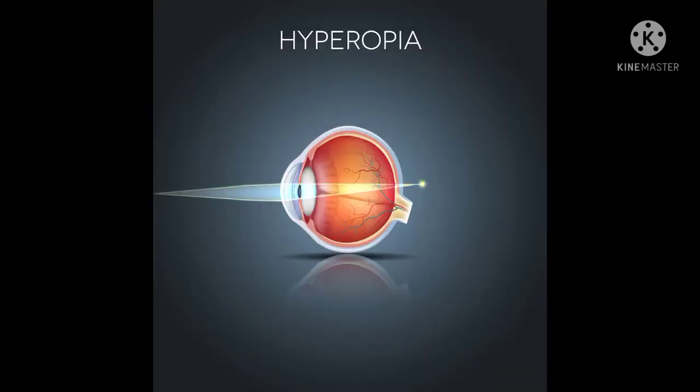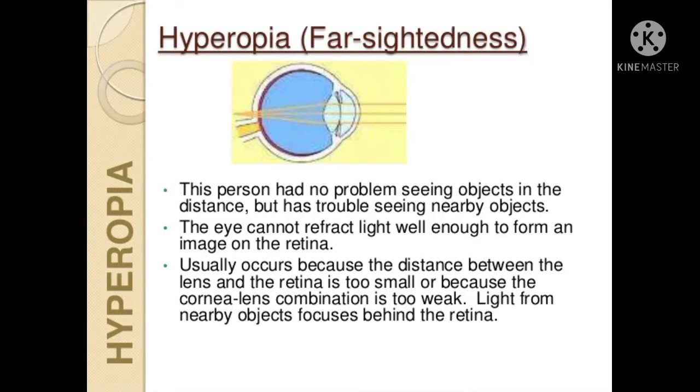The next topic is hypermetropia. Hypermetropia, also known as long-sightedness, occurs due to the shortening of the eyeball. With this defect, distant objects can be seen clearly, but nearby objects cannot be seen clearly.